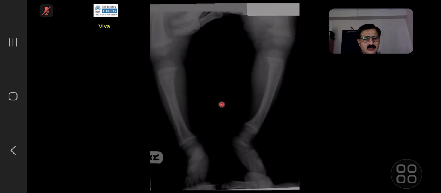There's a provisional zone of calcification. So do you think this is rickets? I don't think this is. Right. Okay, let me take over.